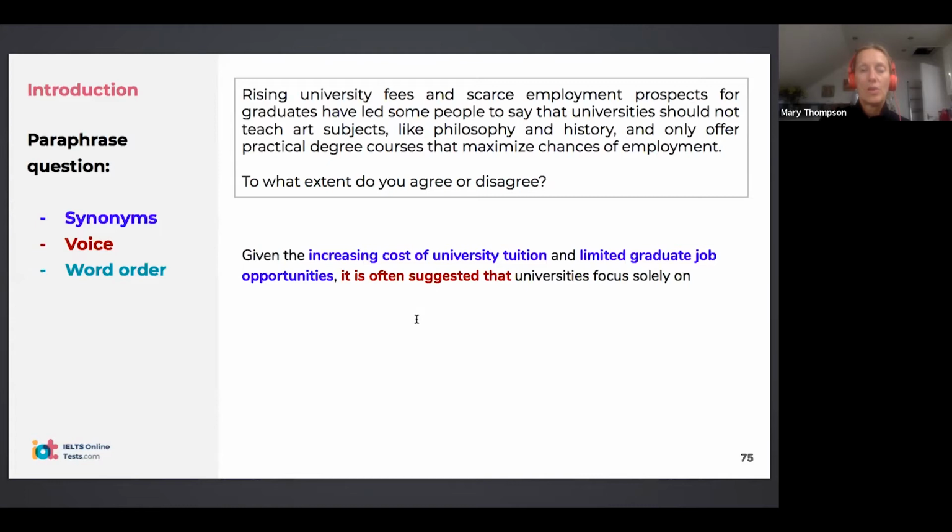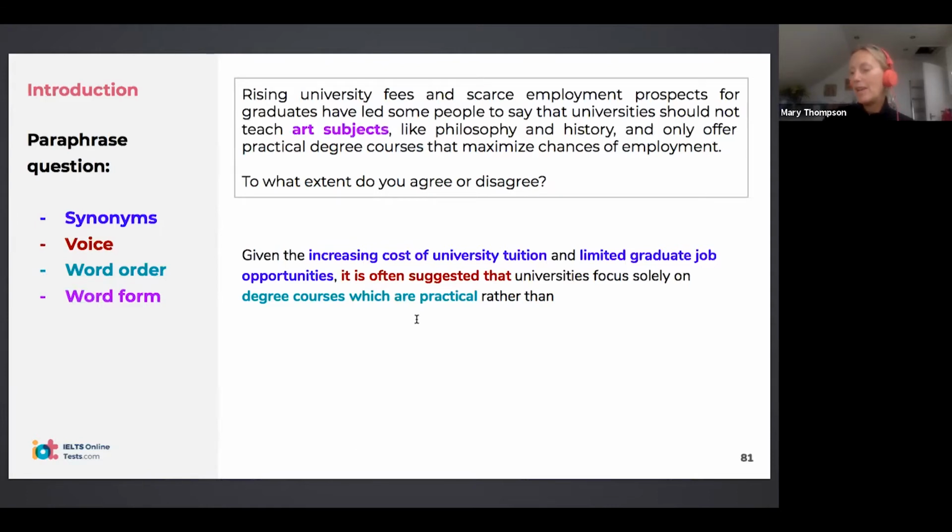Okay, and then you can also change the word order. So we've got practical courses highlighted. So instead of saying that, you could use a relative pronoun there. So degree courses which are practical, rather than, okay, and then, so word form, so art subjects.